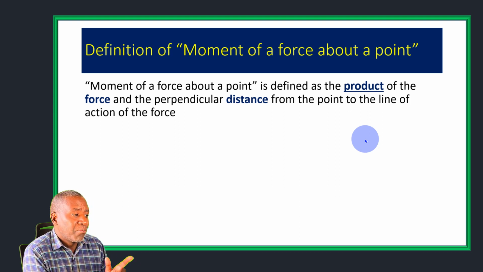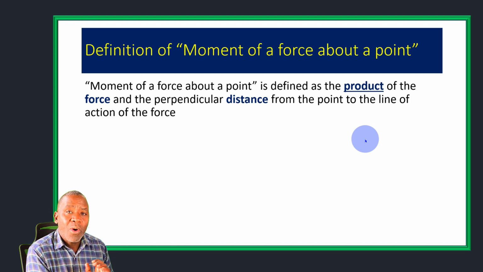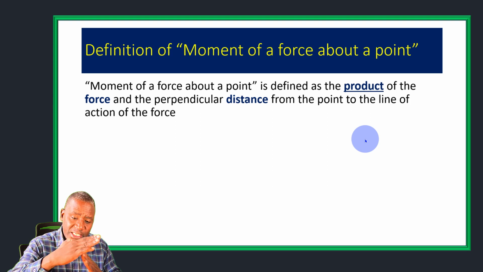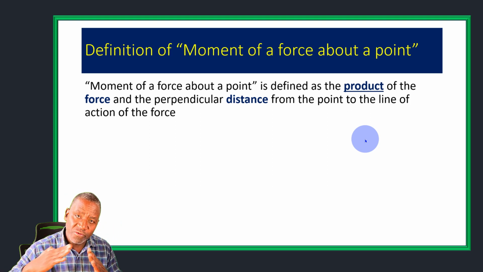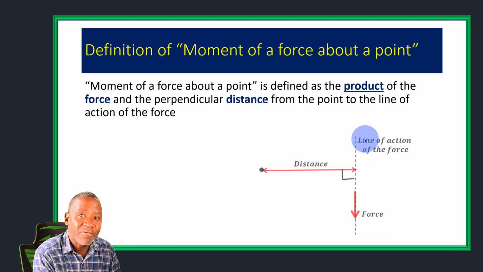How about moment? This one is the product of two physical quantities, force and the distance. Now, how are these distances oriented to each other? The distance must make 90 degrees with the line of action of the force.